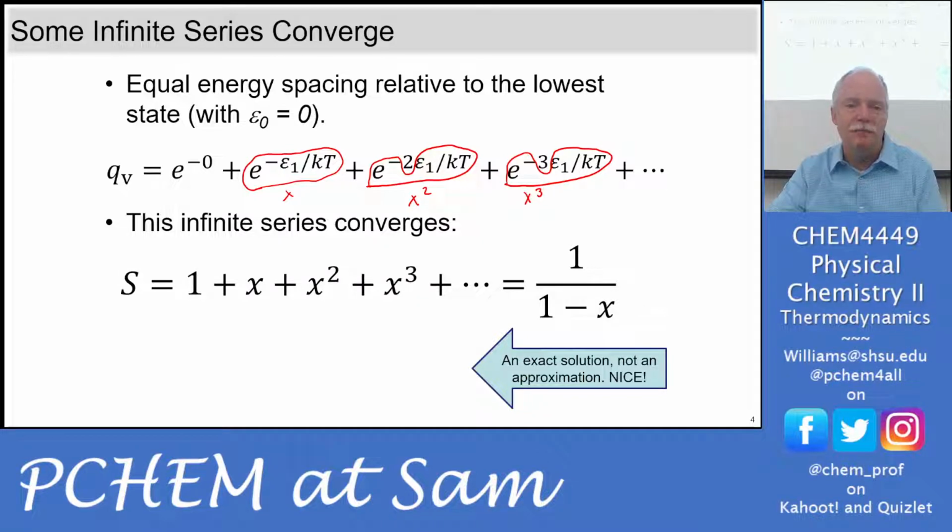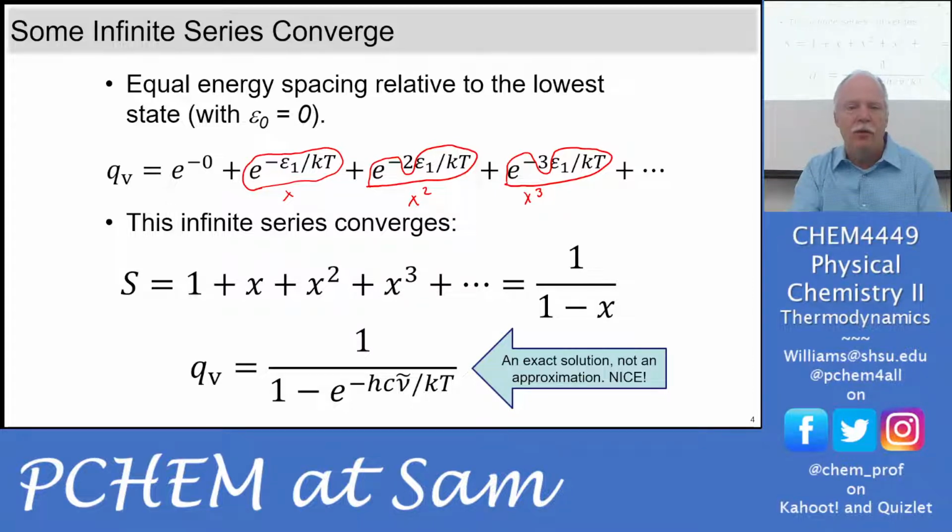We have an infinite sum, and so this is our result. I went ahead and inserted that energy term, hc nu. And so this right here is the partition function for vibration at a given temperature.